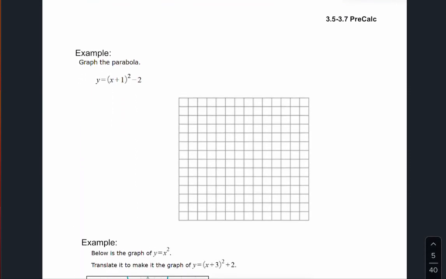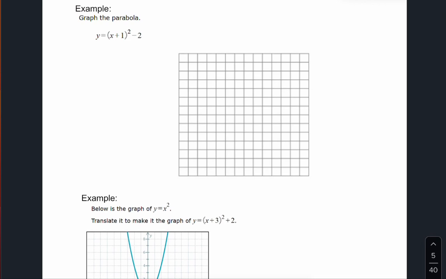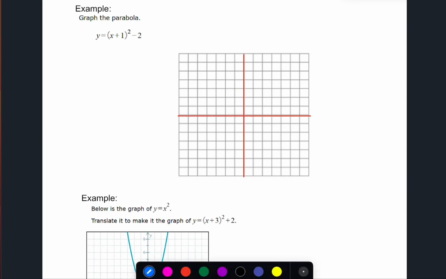Okay. So let's look at this example and let's graph it quicker than we normally would have, okay? Hopefully. So let me put my X and Y axis on here. And I am going to put my parent function.